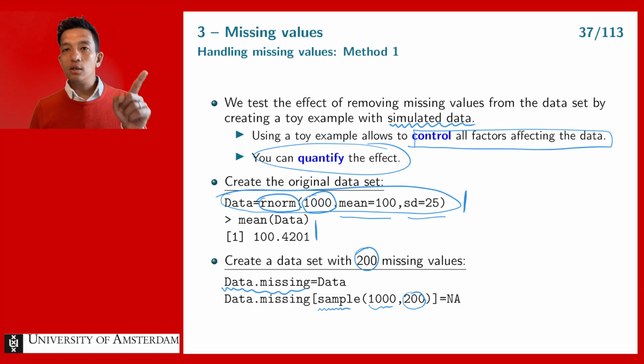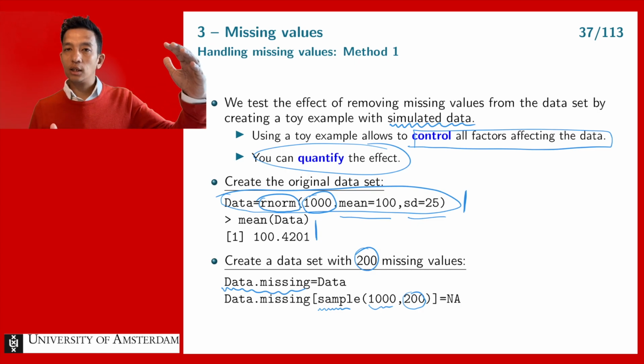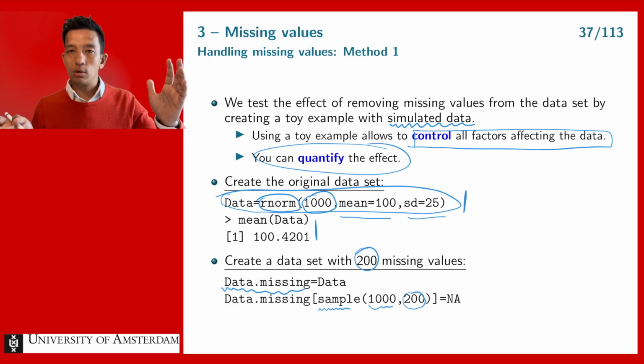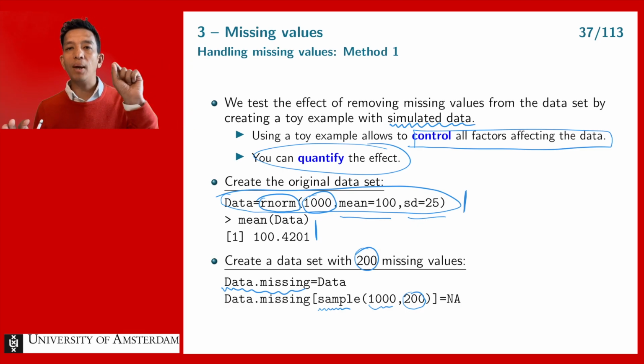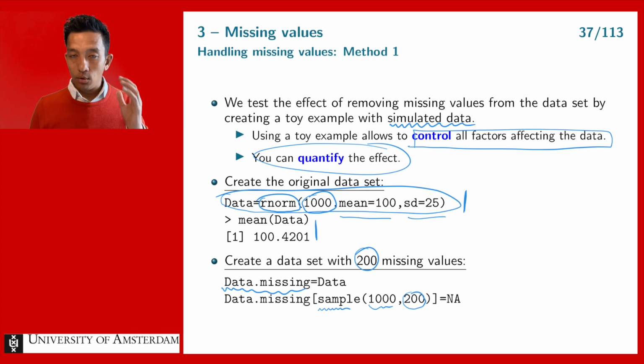And these are the locations of my missing values. So I have my original data set, 1000 normally distributed realizations, no missing values, and now I pick randomly 200 out of this data set, and I replace these numbers with a missing value.